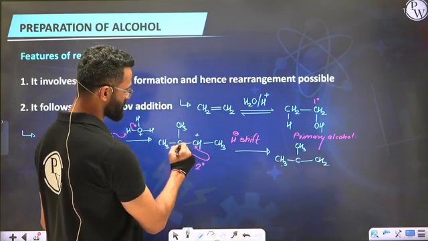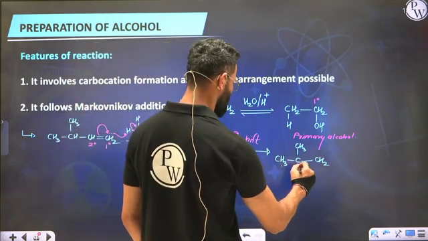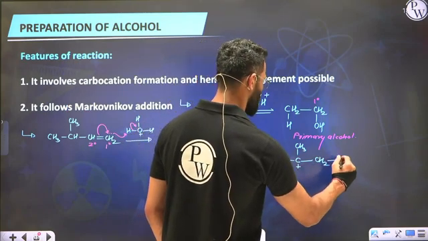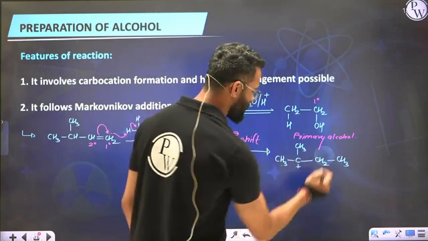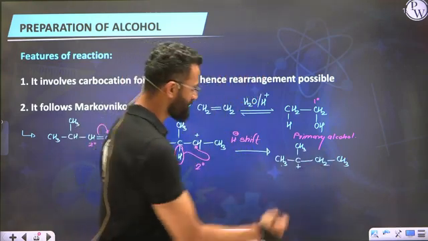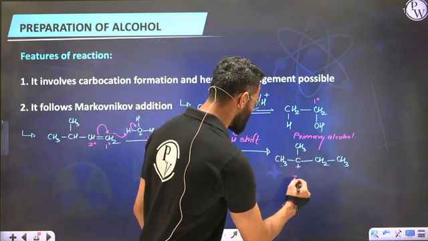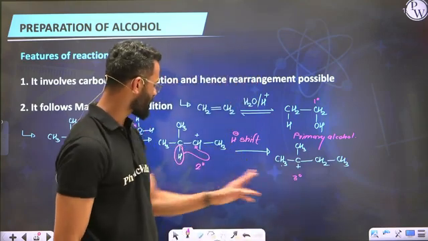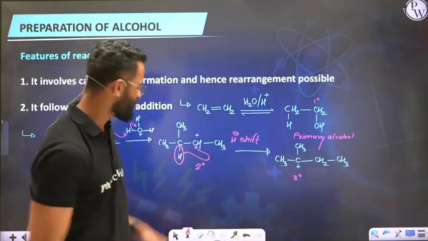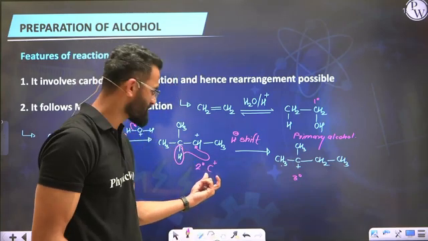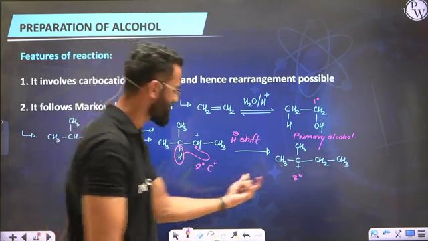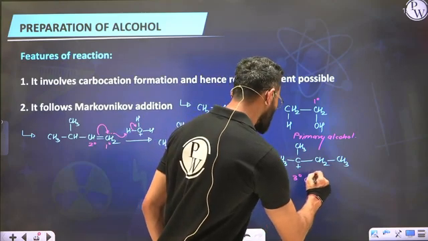This carbon became cationic, and CH3. Now what is the degree of the rearranged carbocation? The carbon carrying the positive charge is tertiary. So certainly the tertiary carbocation is more stable than the secondary carbocation. This was the secondary carbocation, C plus meaning carbocation. So this is the tertiary carbocation, more stable.